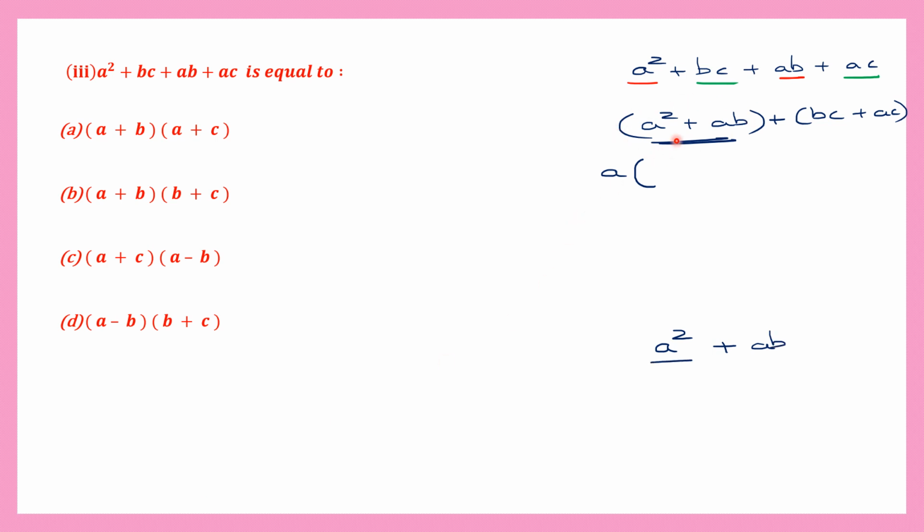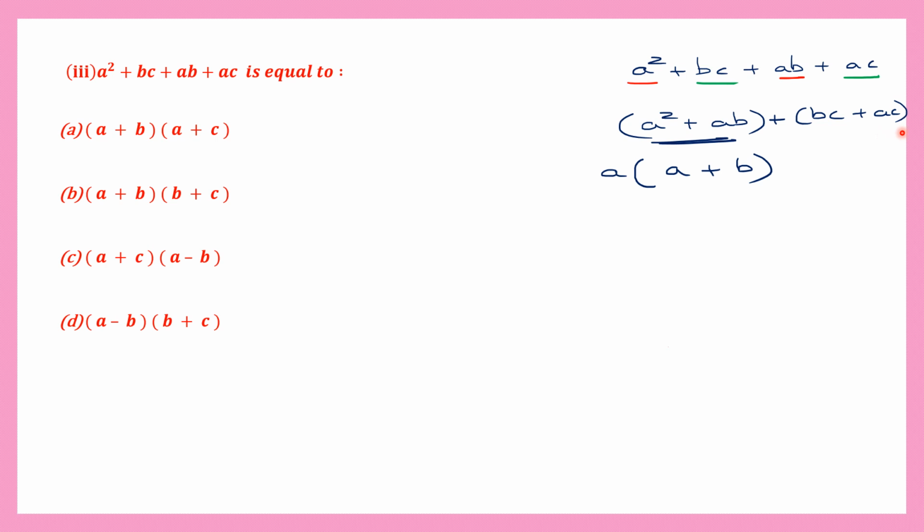So I've taken this first part and written here, and I'm going to divide both by a. So here what happens? One a gets cancelled, so I have only one a left. Here the a gets cancelled. So what is left here? a plus b, which I can write inside a plus b.